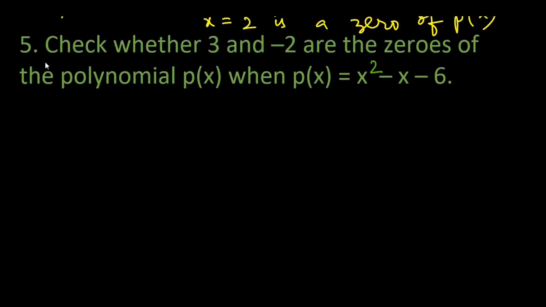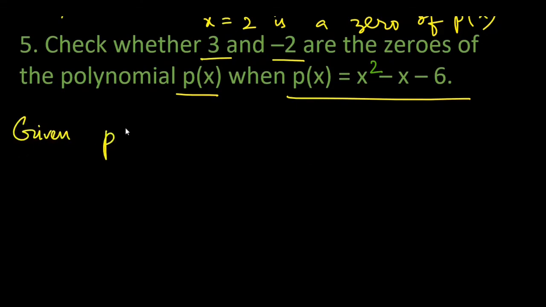Fifth one, check whether 3 and minus 2 are the zeros of the polynomial p of x when p of x is equal to x square minus x minus 6. Given p of x is x square minus x minus 6.